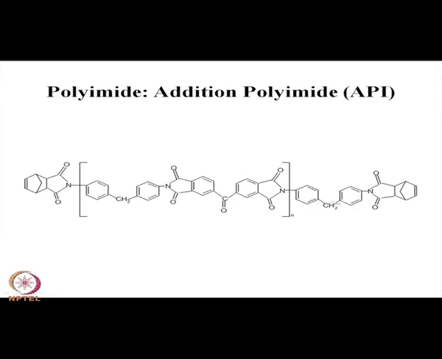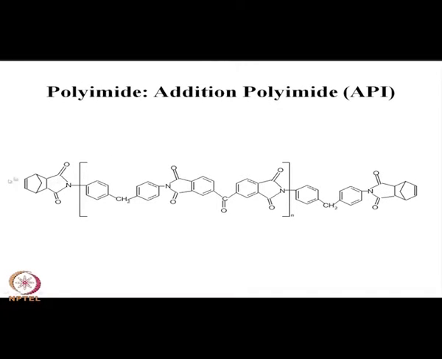Apart from this flexibility, this polymer can be further kept in the reactive form known as addition polyimide. You see the N groups are reactive groups, that is actually formed from the bismaleimide moiety.